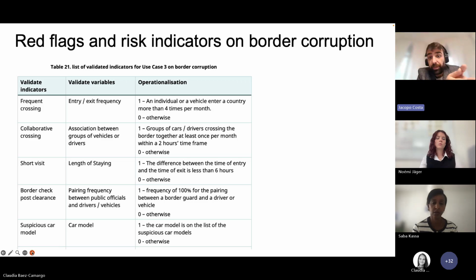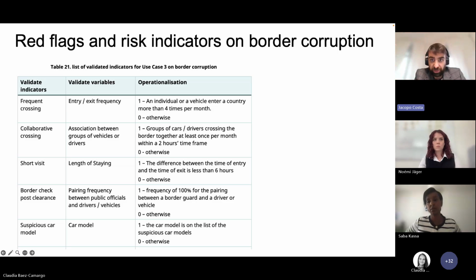To produce these indicators, of course, we first carried out research activities that allowed us to understand the modus operandi, the behaviors, and the strategies of border corruption in sensitive locations, and then, through a process of elaboration and validation, we arrived at them.